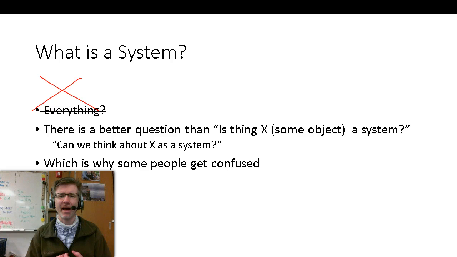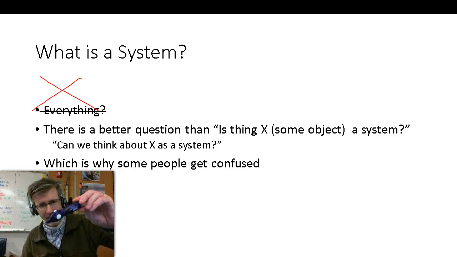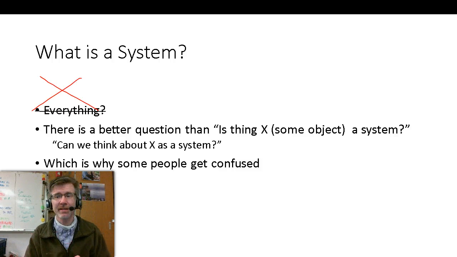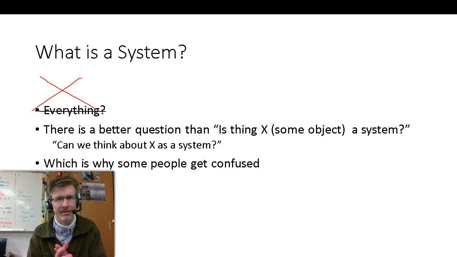I think that's why some people get confused, because we're not asking you to say yes or no, this is a system, this is a system, or not. We're asking you to say, I can think about something as a system. So we're trying to teach you how to think about something instead of right and wrong answers. Okay? And that's the tough part.